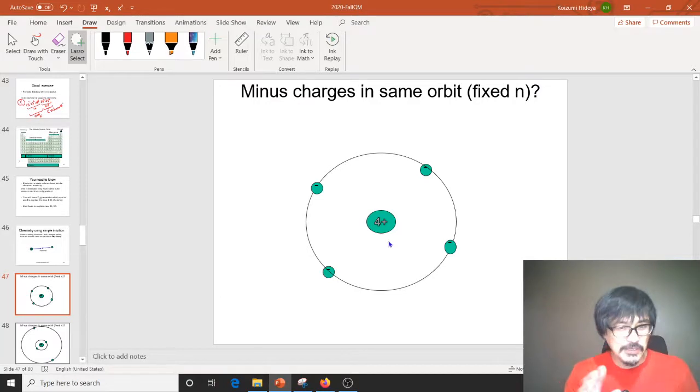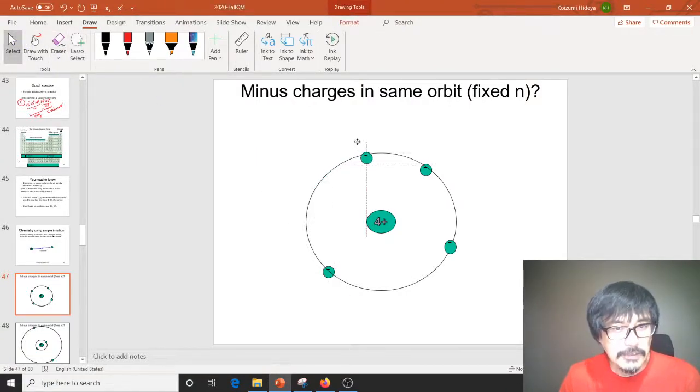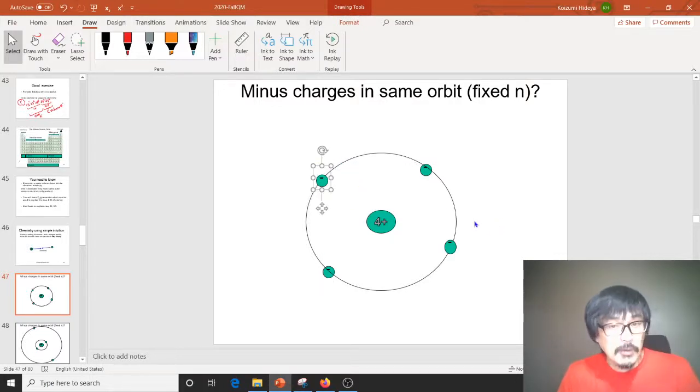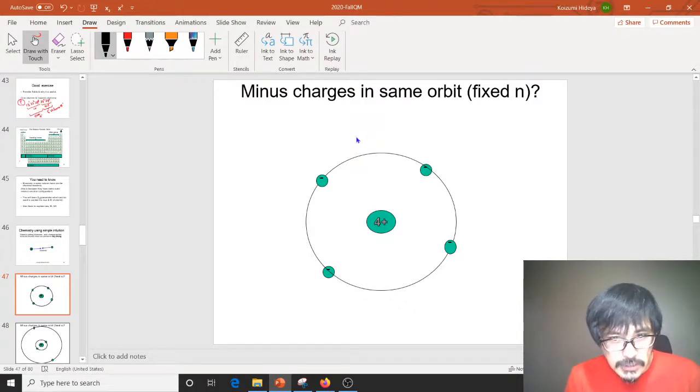So you have this 4 plus charge in the middle, and then these 4 negative charges are moving around on this orbit right here. So it's sort of like they're moving around all over the place, right? Now, all of these guys get attracted to the central charge just because the distance is closer, right? And they have this 4 plus charge in the middle, right?